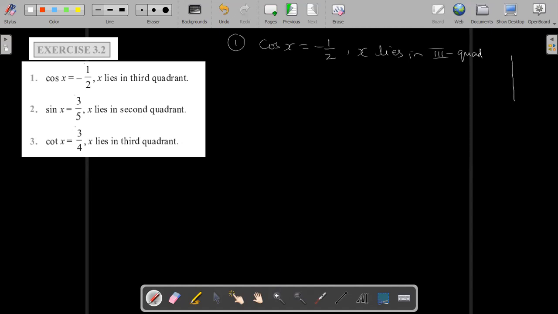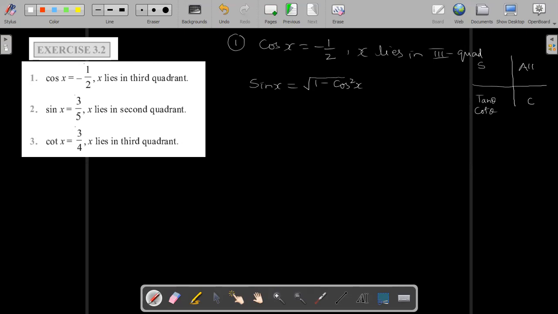So as I told you, this is the diagram: in the third quadrant, all positive, sine positive, tan positive, cos positive. So here in third quadrant, tan theta and cot theta are positive. All others are negative. So cos x will be a negative value. Now we have to find sin x. Sin x we can easily find out by cos x. Sin x is equal to under root 1 minus cos square x.